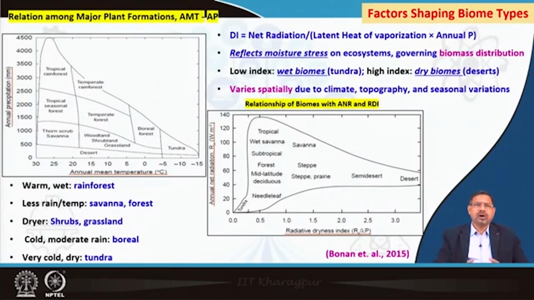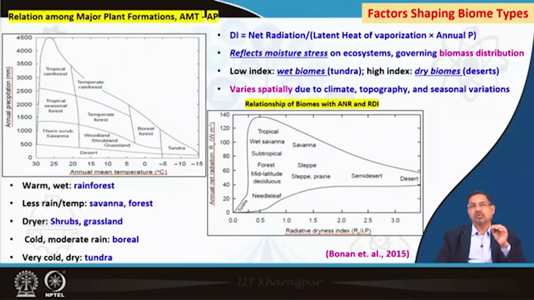Now, let us move on to how they are regulated as a function of temperature and precipitation. Friends, this distribution of plants, we are talking here about the plant formations, the annual mean temperature and annual precipitation have been plotted on the y and x axis respectively in the left hand diagram. On the left hand side, the annual precipitation in millimeters goes up to 4500, and on the x axis the mean annual temperature is represented between -15 to plus 30 degree centigrade.